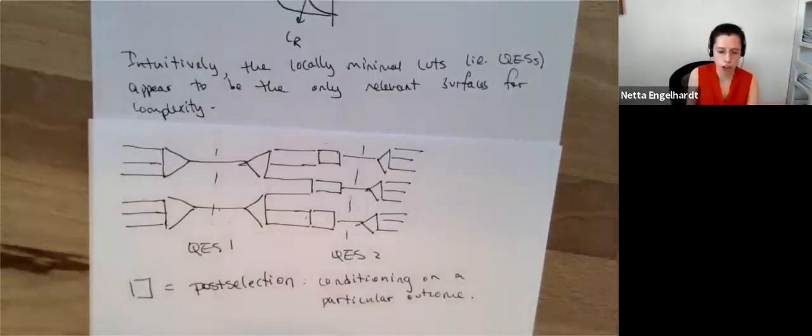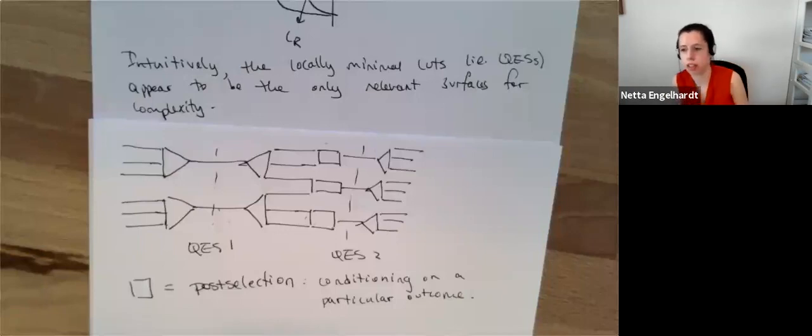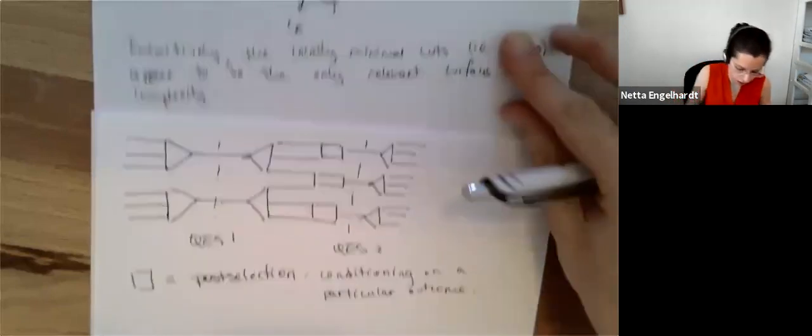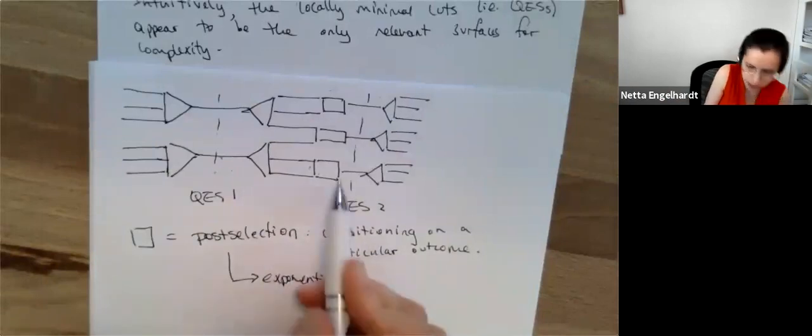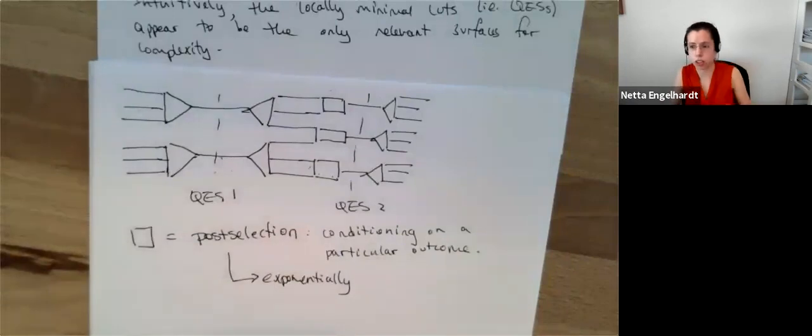And you can show that if you want to simulate post-selection using unitaries, you need exponentially many unitaries. So post-selection is exponentially complex. If you wanted to replace each one of these post-selecting squares with a bunch of unitaries, you'd be making your tensor network incredibly complex, exponentially complex.